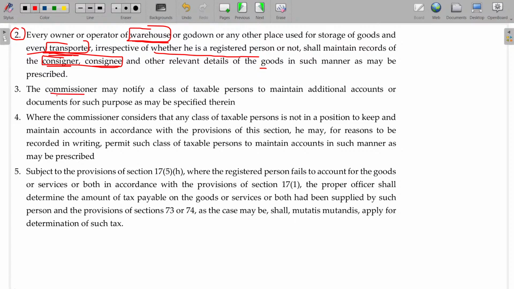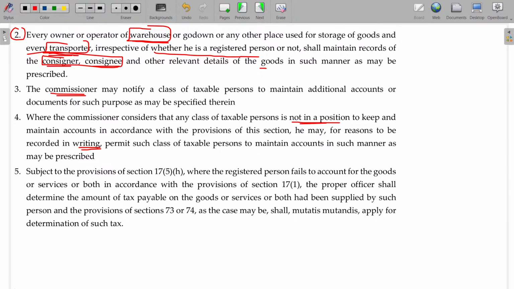Commissioner may notify other things also to be maintained. Okay, some other persons, they need to maintain some additional documents. If it is so, then they have to maintain. Now, and commissioner may require, okay, if the taxable person is not in a position to keep and maintain in accordance with the provisions of this section, he may ask for the permission and he can be permitted.